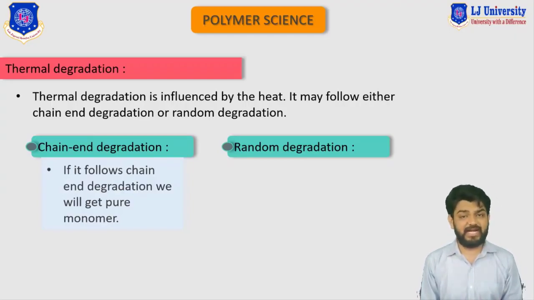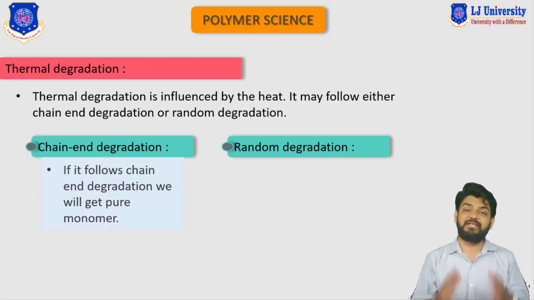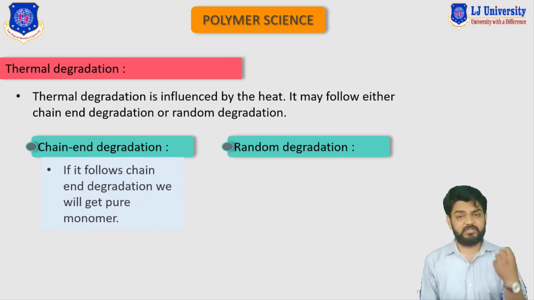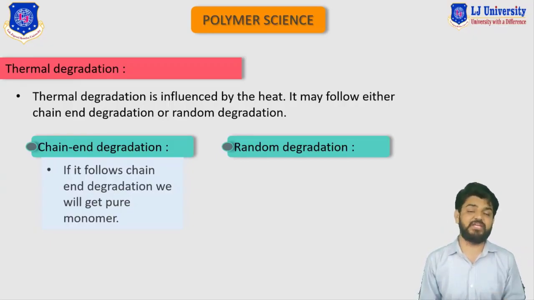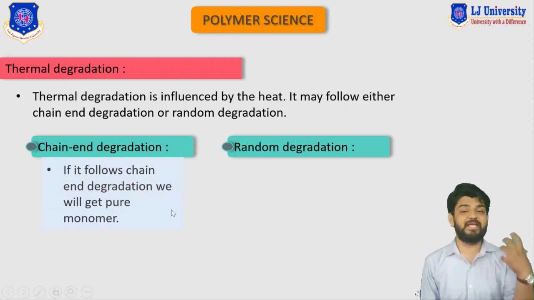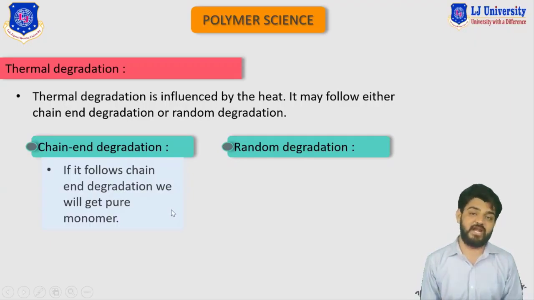As we have already understood in the previous lecture, chain end degradation is when the chain starts to degrade from the end monomer. In thermal degradation, the same applies here. If it follows chain end degradation, we will ultimately get the pure monomer at every successive step of the degradation.